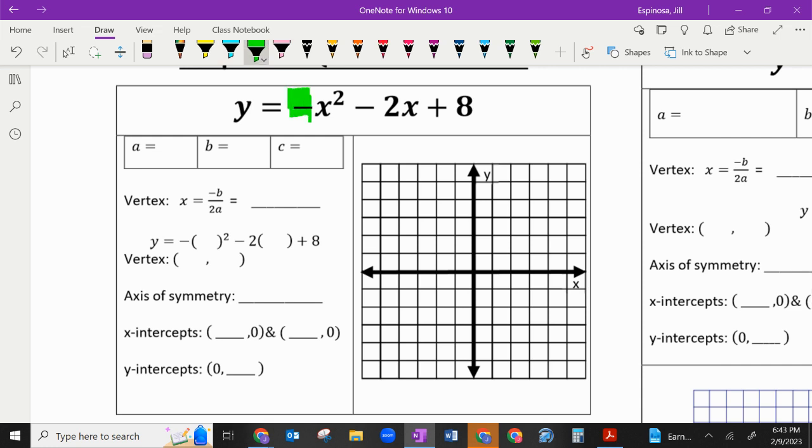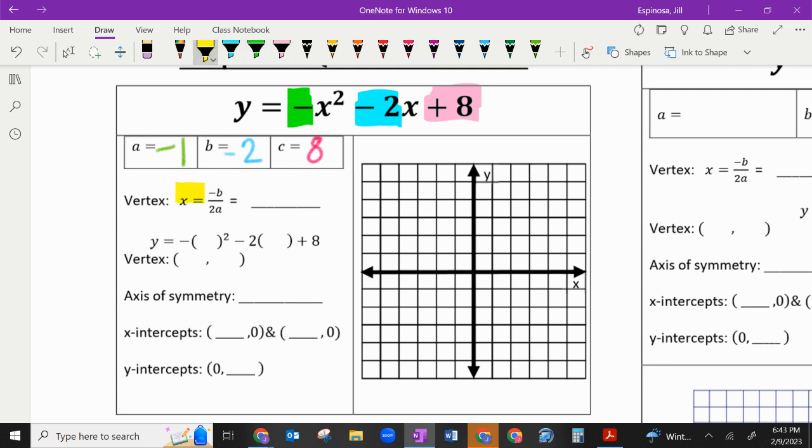A is in front of your x squared, so that would be a negative 1. B is in front of your x, negative 2. And C is all by itself, 8.